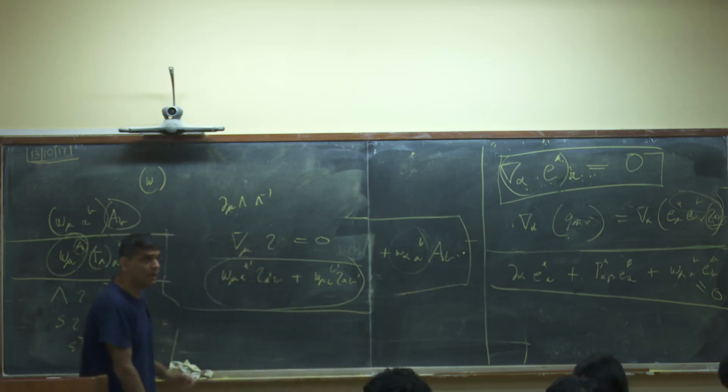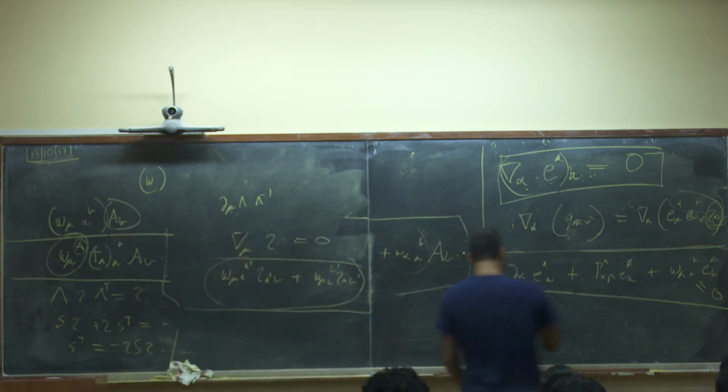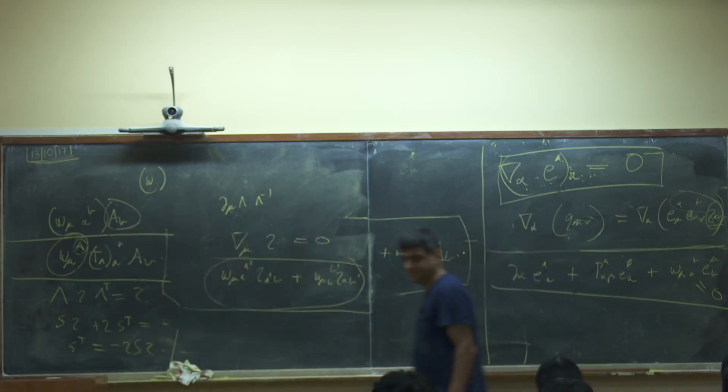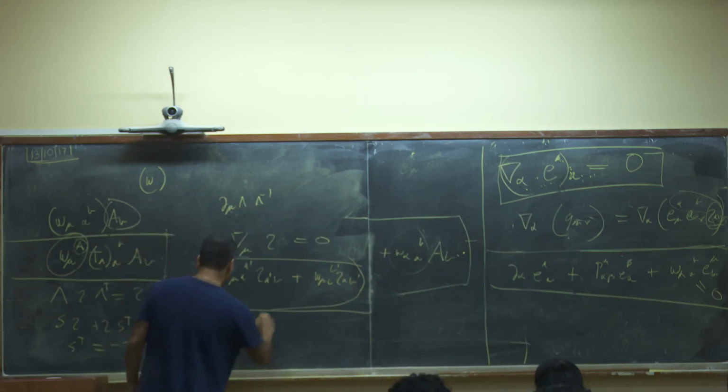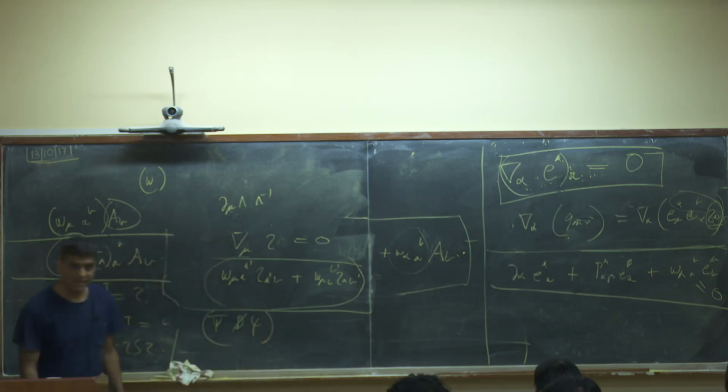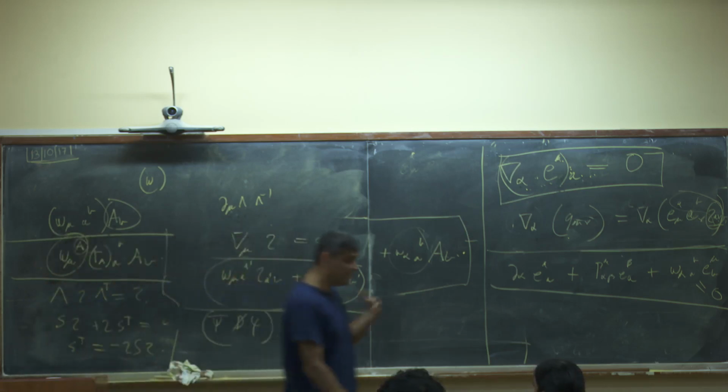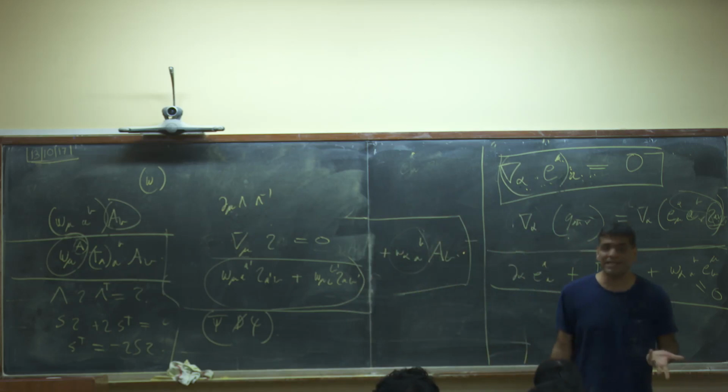How do we set up Dirac's equation? Let us look at what Dirac's equation was. Dirac's Lagrangian in flat space was psi bar d slash psi. Psi bar and psi were spinors. Now, the difficult thing was that spinorial representations are properties of SO groups.